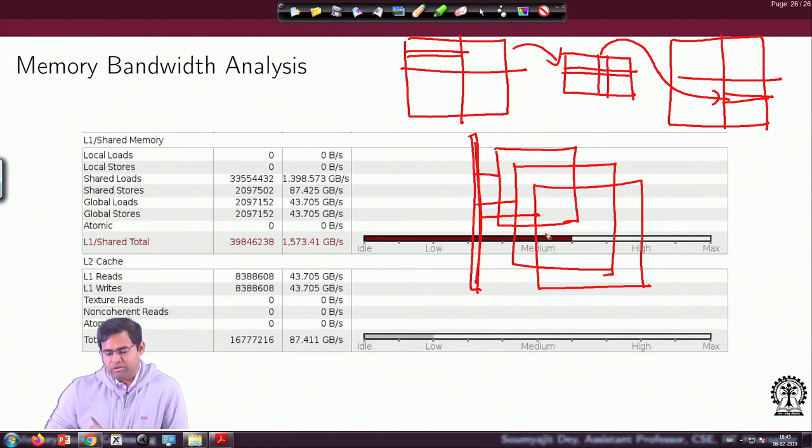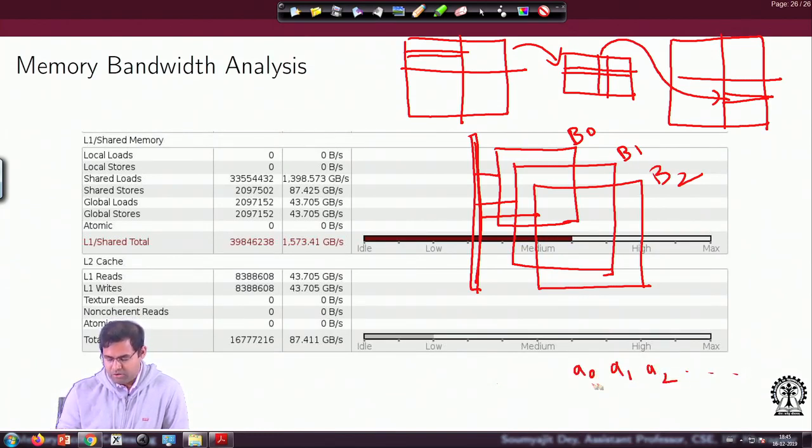What is the good thing about this? When you read or write data into the shared memory, let us say this is bank 0, this is bank 1, this is bank 2. Since you can access them in parallel, if your arrangement of data, let us pick up some array A0, A1, A2, are consecutive locations, then when you are reading or writing the data, consecutive values will be distributed across banks like this.